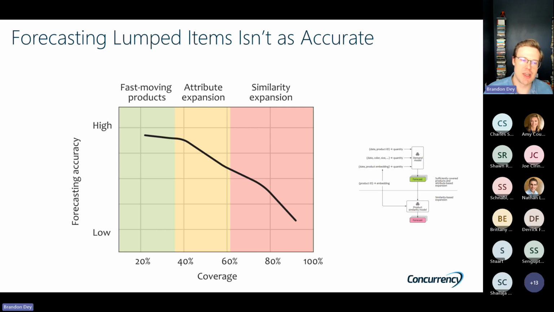You expand coverage, but again, you take a hit on accuracy. Whether or not you pursue each of these expansion tasks depends entirely on your use case. So sometimes for retailers, it makes sense to pursue attribute and similarity expansion. And for manufacturers, not so much, right? Because the demand is much sparser and the costs are much higher than you would have in a consumer facing environment.